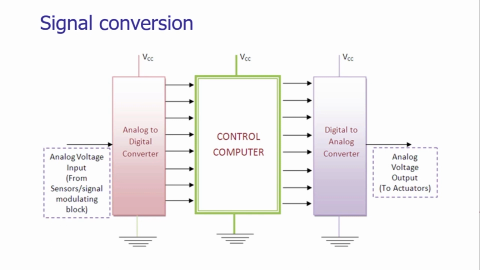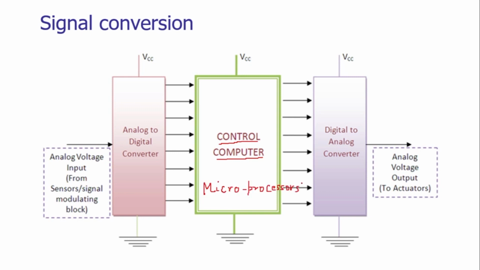Any automated system is being controlled by a computer. The computer has a microprocessor. The computers are working basically on microprocessor technology.